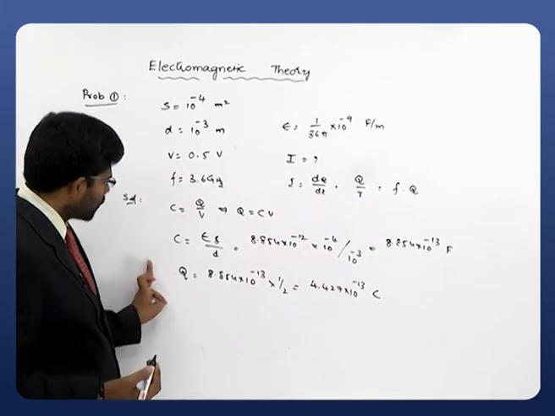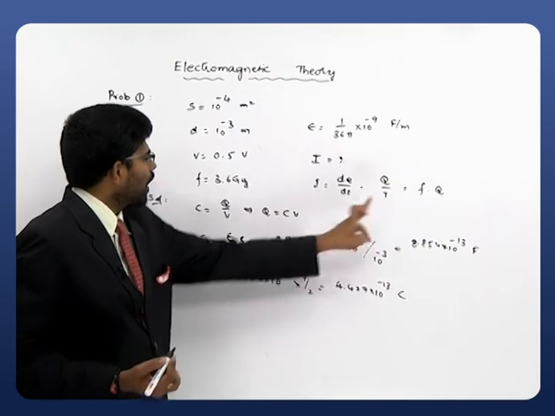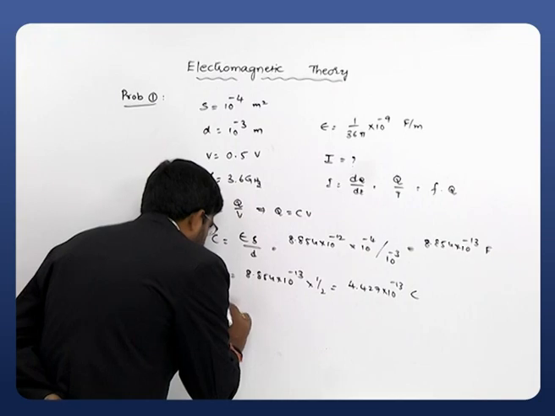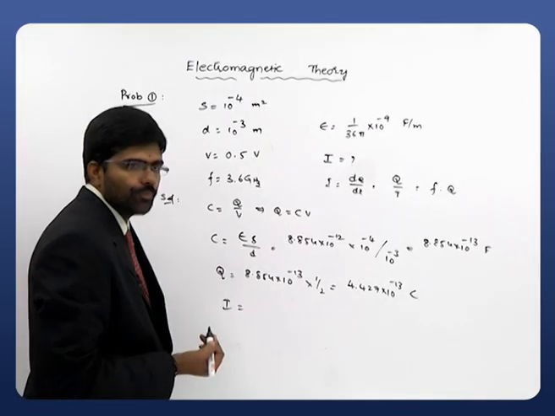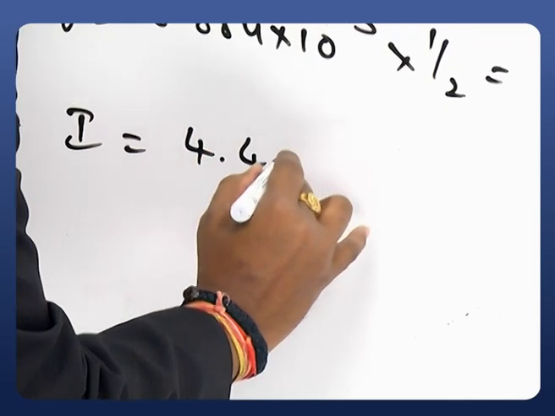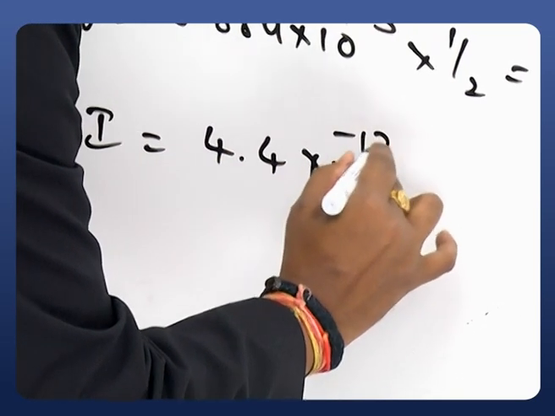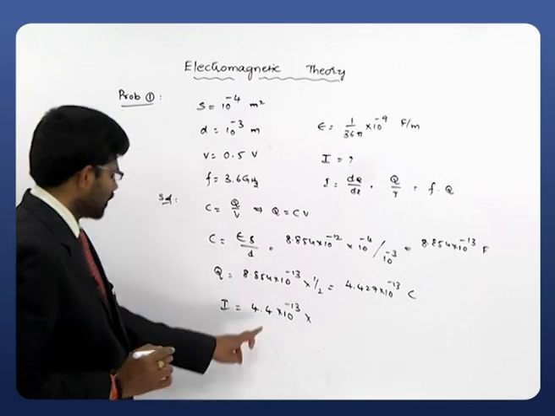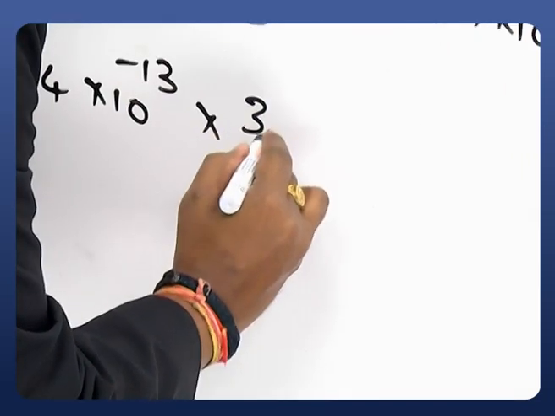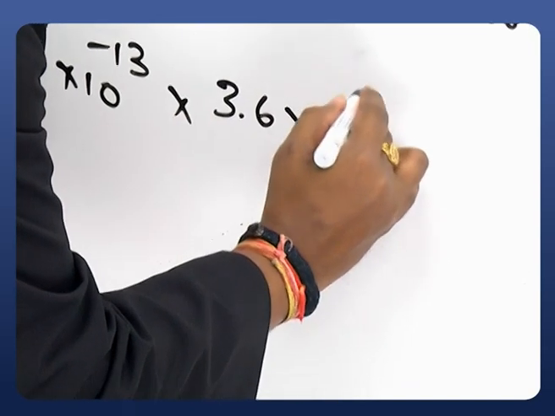So we obtained Q and we already have the frequency. F into Q will give us the current. The total current we can observe is equal to Q, approximately 4.4 into 10 power minus 13 multiplied with F, which is 3.6 giga, that is 3.6 into 10 power 9.